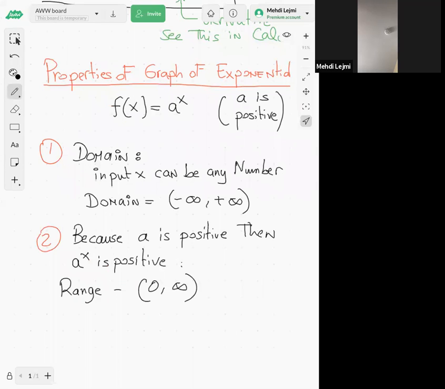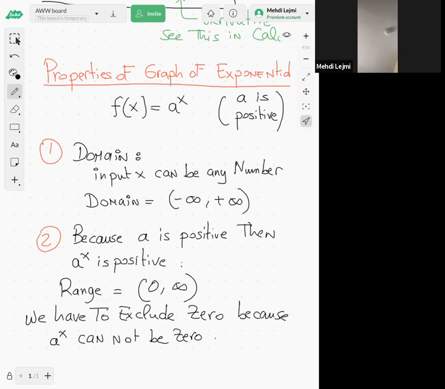I have to exclude 0 because when a is not 0, a to the power x cannot be 0.